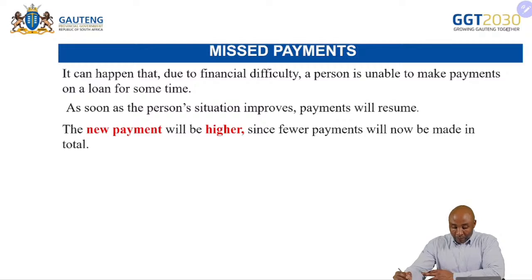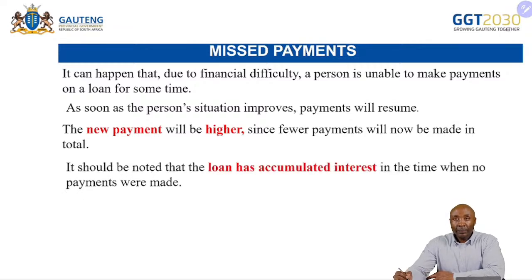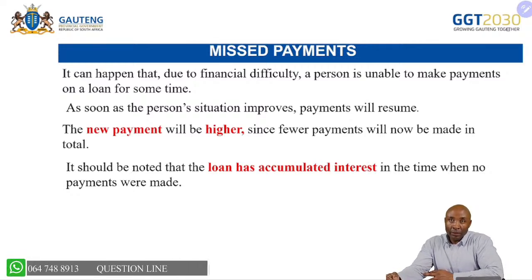So we know that the new payment is normally higher than what they were paying before, and the payments now will be fewer. And remember, when you are owing, whatever you were supposed to pay is accruing interest the time that you are not paying, as you have seen with deferred payments.